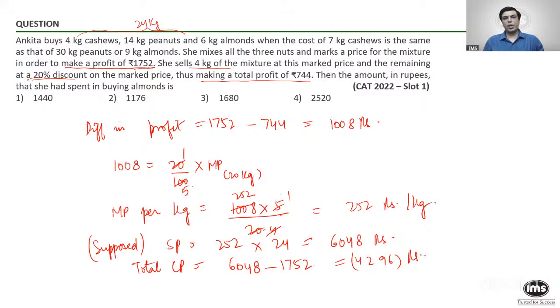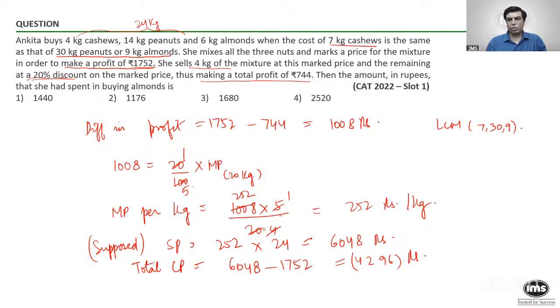Now from here, how will we get the almonds cost price? So the relation given to us is 7 kg cashew is the same as 30 kg peanuts is the same as 9 kg almonds. What you do in such cases, to avoid fractions, is take the LCM of these numbers. So let us take the LCM of 7, 30 and 9.